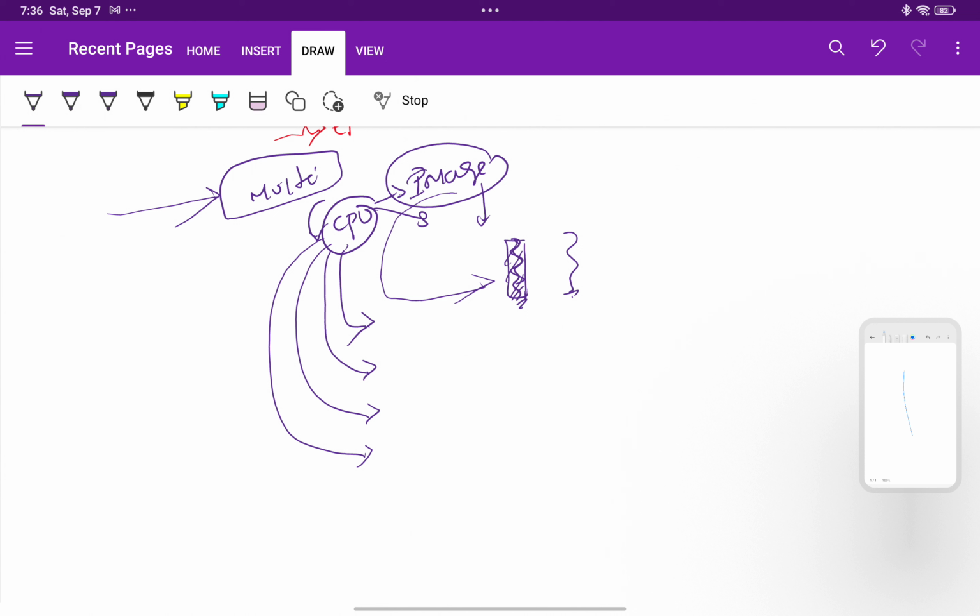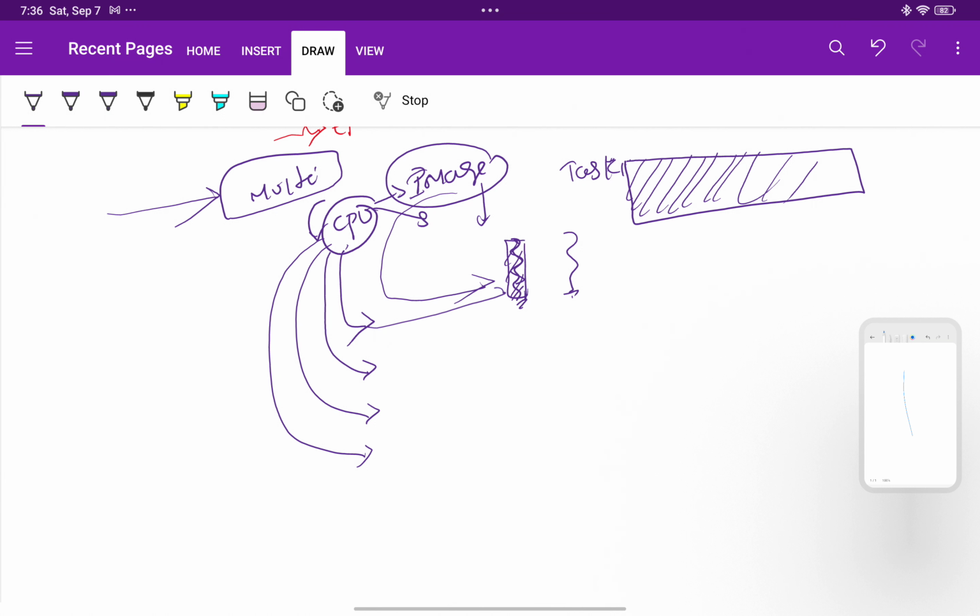Say the application task is task 1, image processing. If we have written the algorithm in such a manner that running it in parallel will not affect the end result, then in this scenario we get the benefit of multi-core: the first core takes one task, the second core takes one task, the third core, like that.